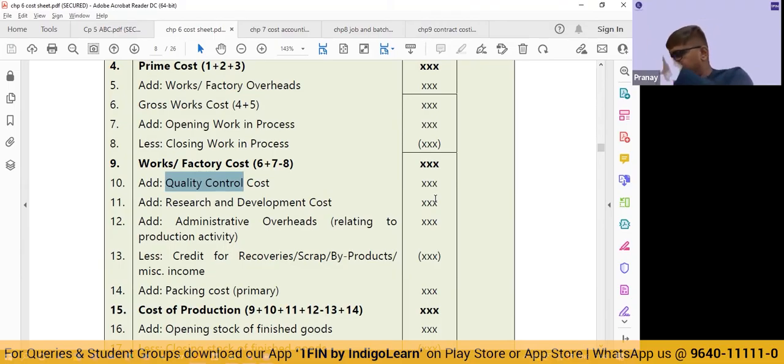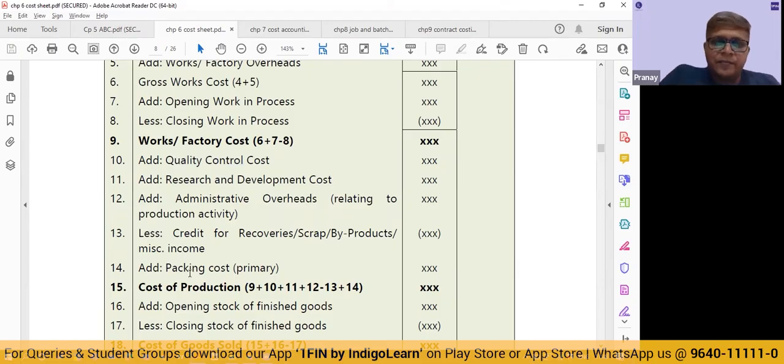Then once we decided to scrap it, we first have to ask ourselves, is it normal? So is it within the tolerance limit? If we know that usually a 1% defective rate is acceptable and planned, then whatever we recover by selling that scrap has to get reduced from the cost of production.